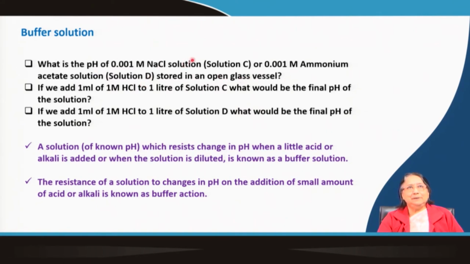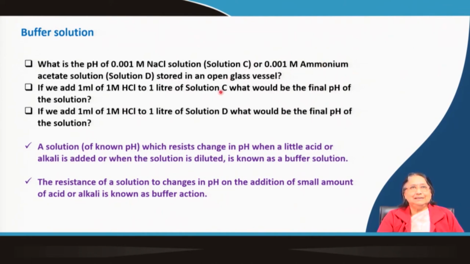This is very simple. You know that sodium chloride solution has pH 7, it is a neutral solution. So, it is 7. And what about this? For today you think that the pH is say x. I have not calculated it, say it is x.